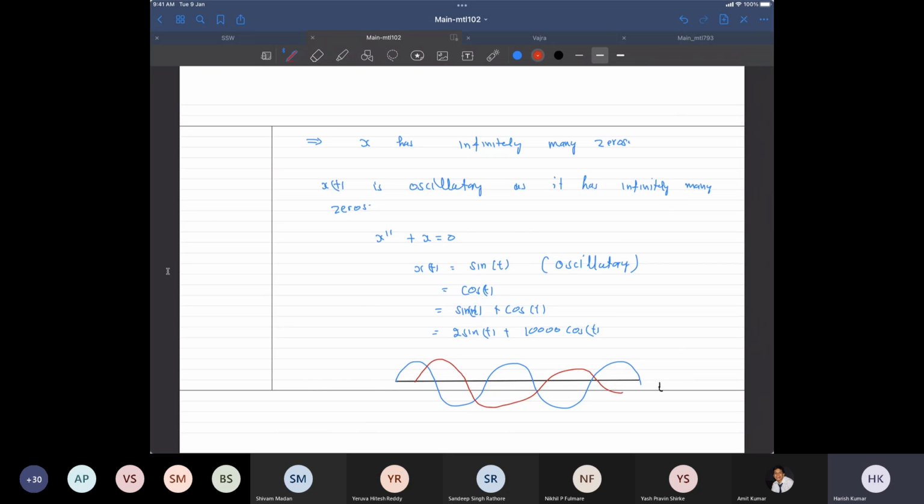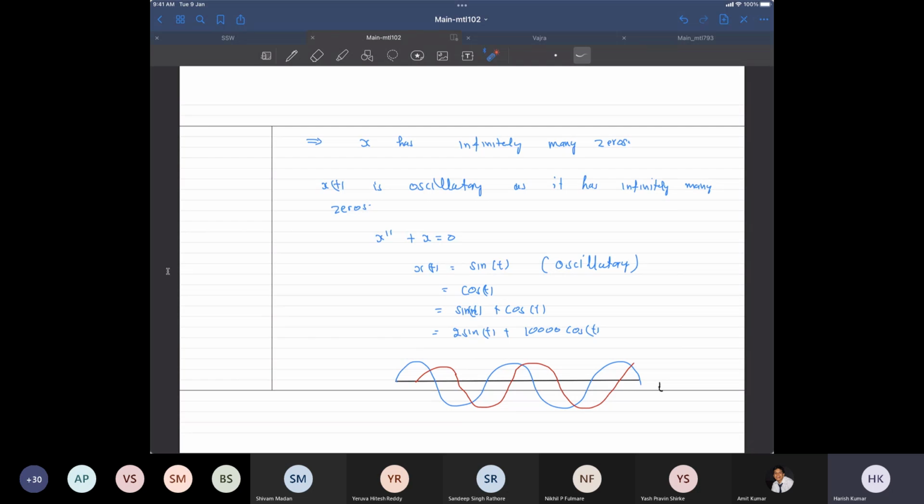My drawing is horrible, but you get the idea, right? Maybe not cos t, then minus cos t. It doesn't matter. So then what you see?